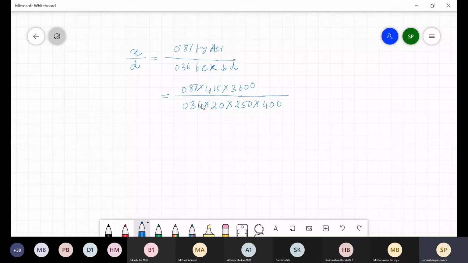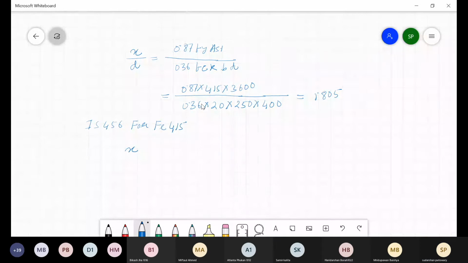So from here, X by D is equal to 1.805. Okay. From IS 456, for Fe415, X by D limit is equal to 0.48.